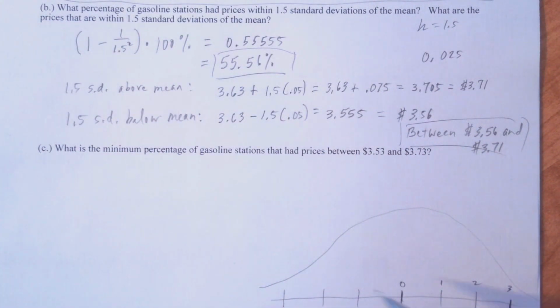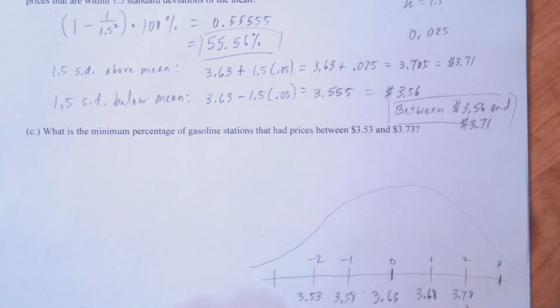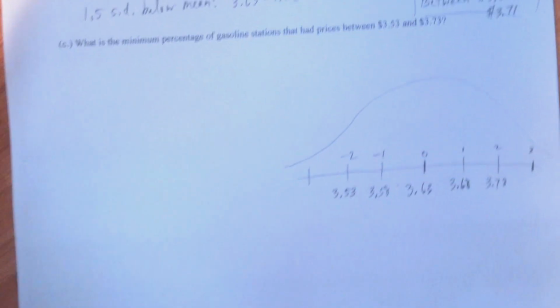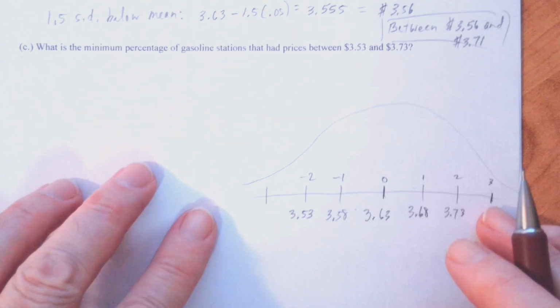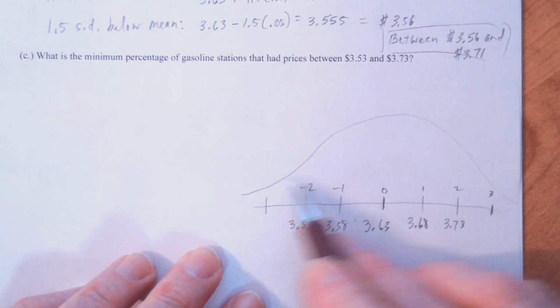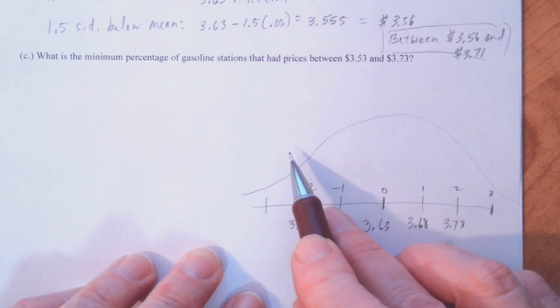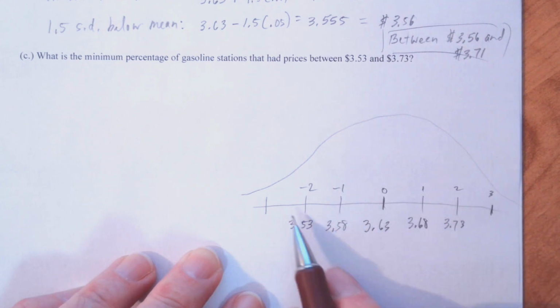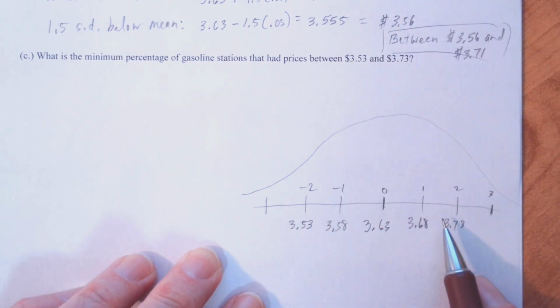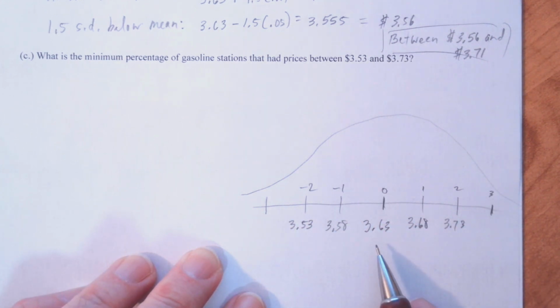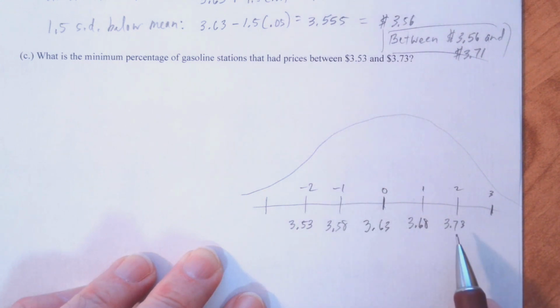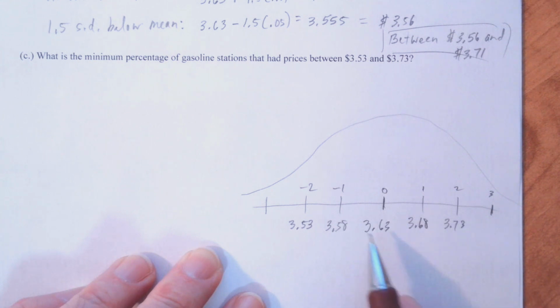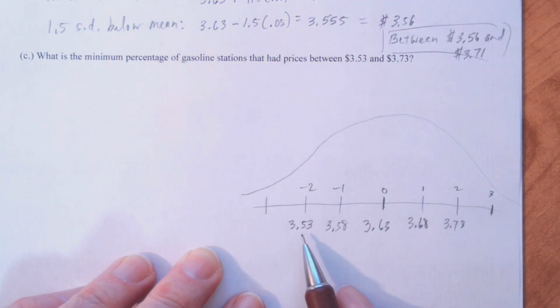And so you can see this is minus 1 standard deviation and minus 2 standard deviations. Whoops, I'm sorry, you couldn't see that. So again, we don't know what the distribution looks like, but this is our standard deviations above and below the mean. 2 standard deviations above the mean, we're at 3.73. 2 standard deviations below the mean, we're at 3.53.